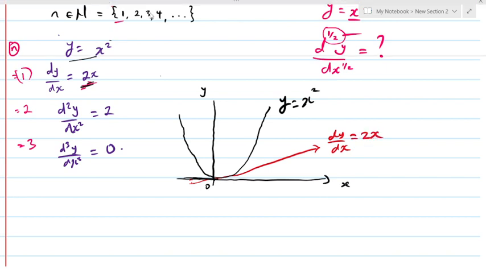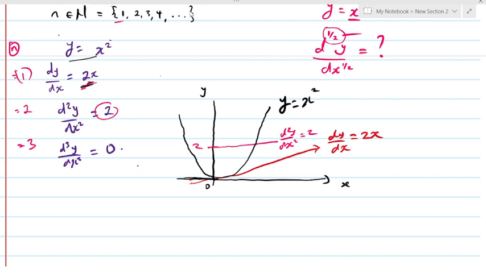Okay, and by the time we find the second derivative, we have 2, and that will be a straight line. I assume that this is 2. So that means I'm going to have a straight line here, and that is d squared y over dx squared, which is equals to 2.